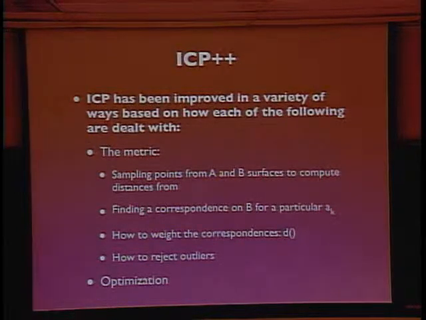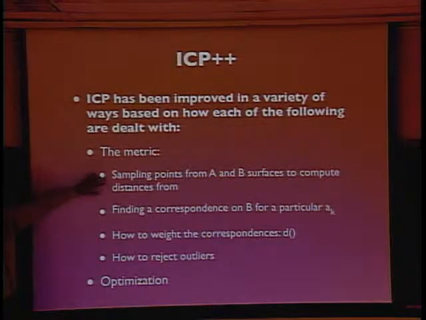I've just told you what the limitations of ICP are. So over the years, there's been a whole literature of ICP pluses, ways of improving the method by improving either the metric or the optimization. We've actually talked about a couple of those already. So there are different ways of sampling those 2 discretely sampled surfaces so that you don't have those problems with outliers and so on.